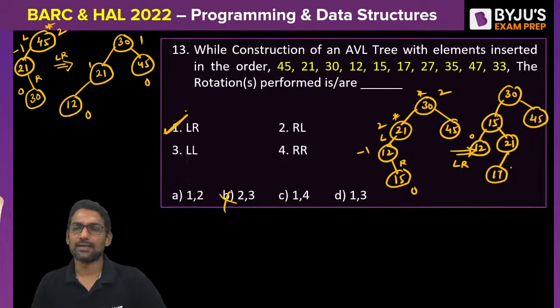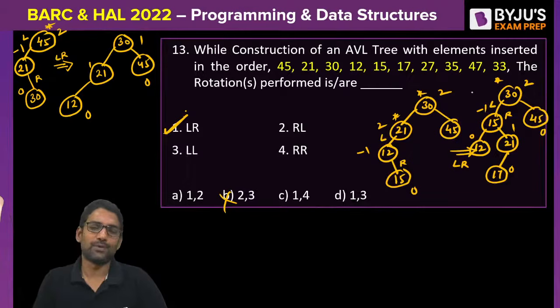Now the balance factors, if you find out, these are 0, -1, 1, 2. So 30 is imbalanced. Again here it is LR, 30 being the critical node.